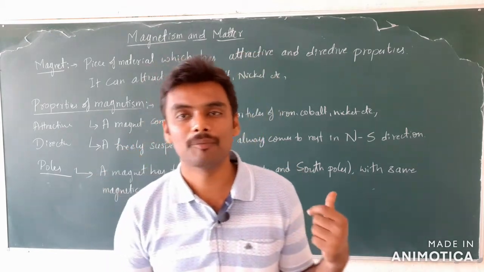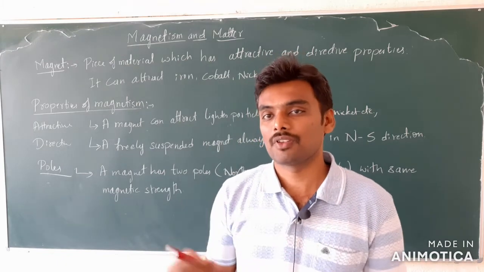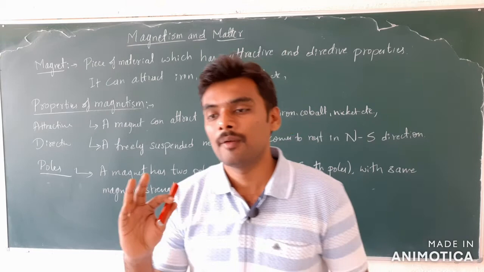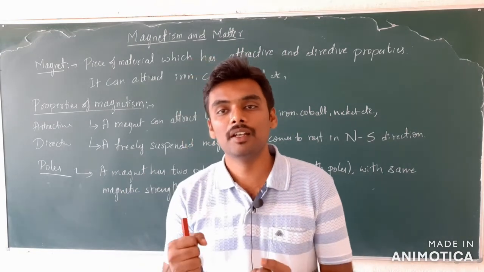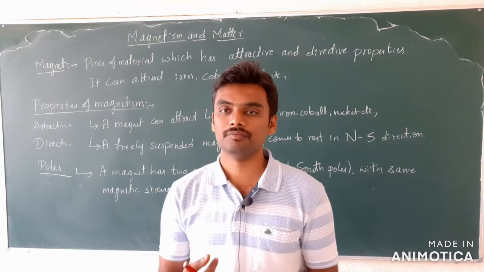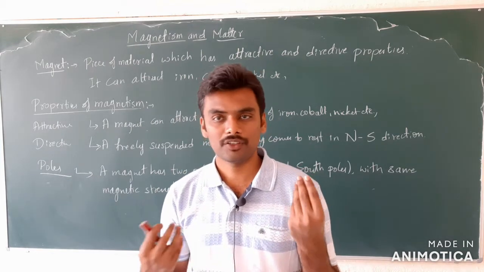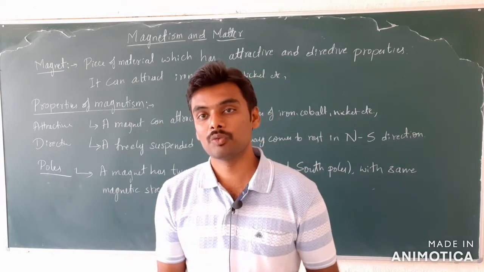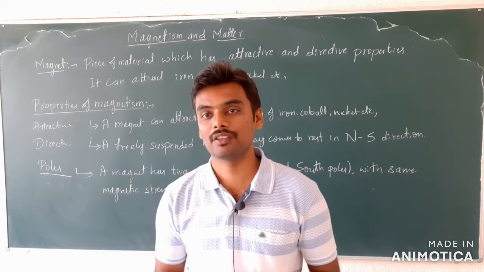Yeah, we'll go for the mathematical discussion later, but now I can give you the idea. Magnetic strength can be taken as the ability of the magnet to attract materials. Okay, that's how you can take it. If the force of attraction is too much, then we can say it has good strength.